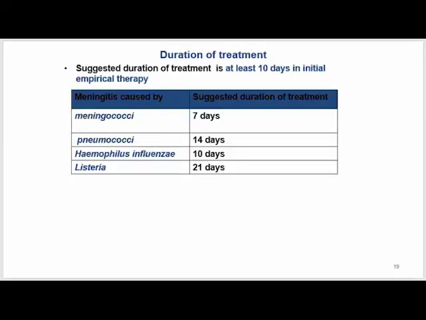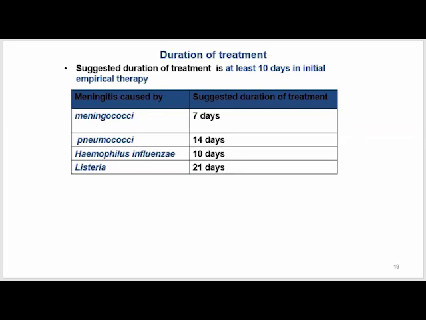Duration of treatment for meningitis. Usually, the maximum should be 10 days for any empirical therapy. Okay. But if the causative organism is known and it is Neisseria meningitidis, 7 days.